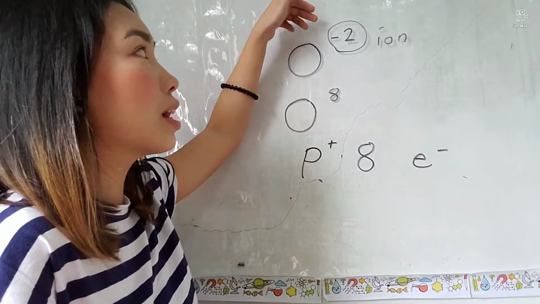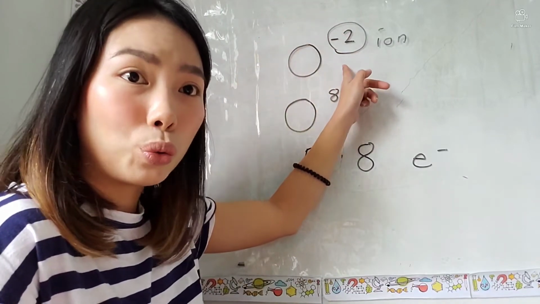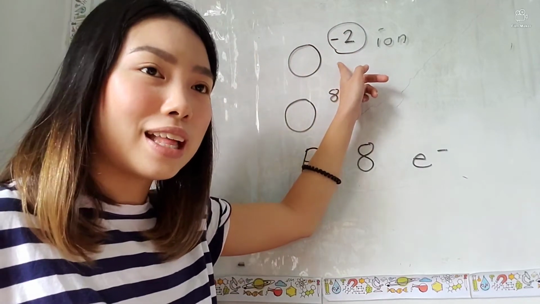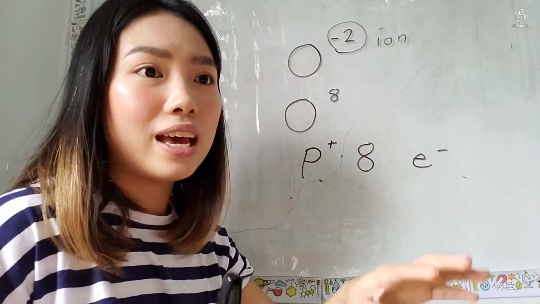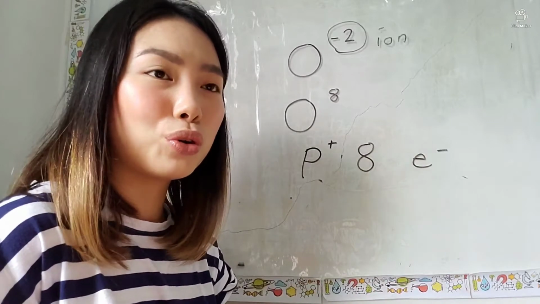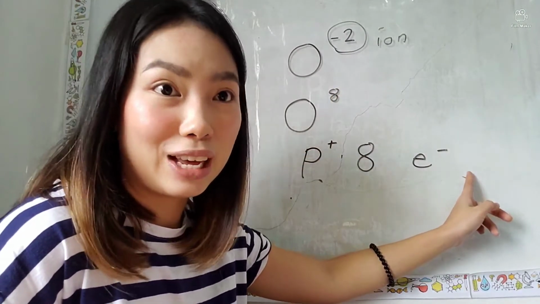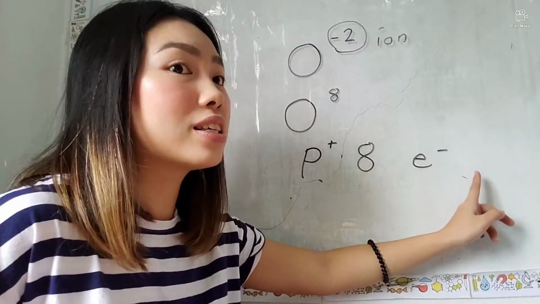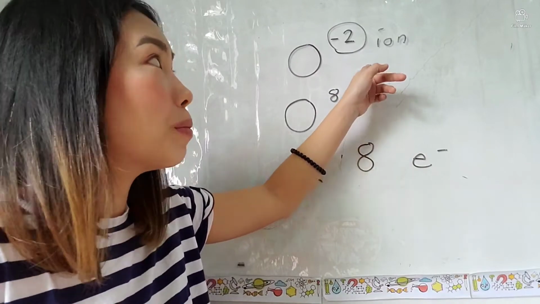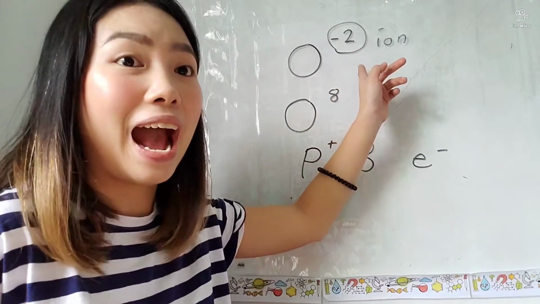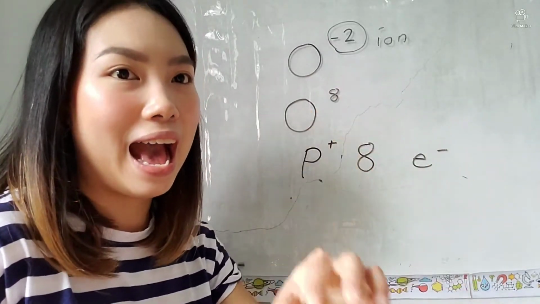Now, what will be the number of electron? So, since ang present nating ion is negative 2, sa kabaliktaran, i-add mo yung present mong ion sa number of your electron. Kanina minus natin kasi positive ion. Ngayon, kung ang given mo naman is a negative ion or an anion, ang gagawin mo sa electron is to add.